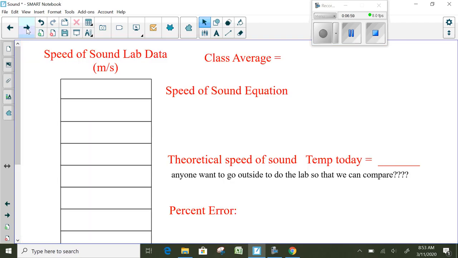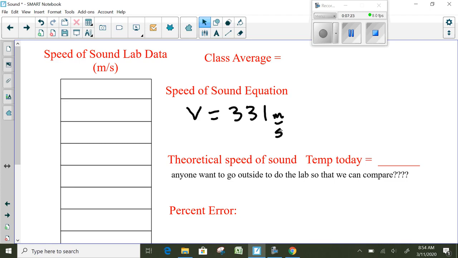Now, to calculate the speed of sound, we have to make a correction for the fact that sound travels through air at a certain speed based upon its temperature. This is an equation you'd probably like to write down. The velocity of sound in air equals a known value, 331 meters per second, plus a slight correction for air temperature.